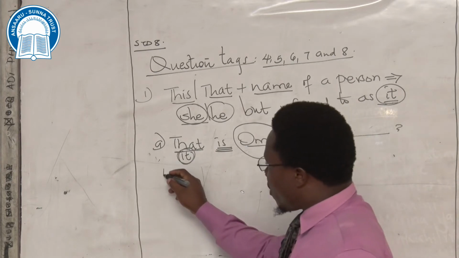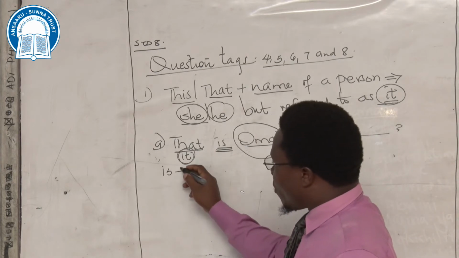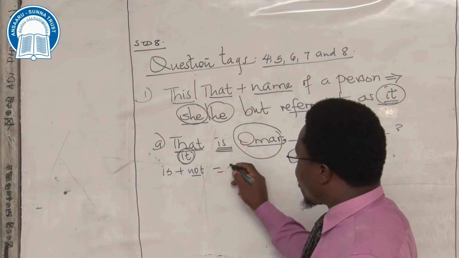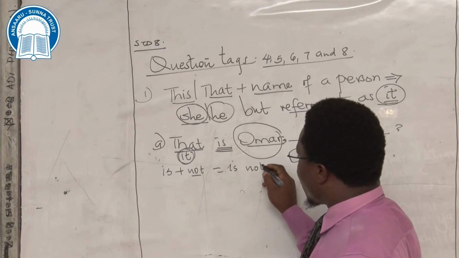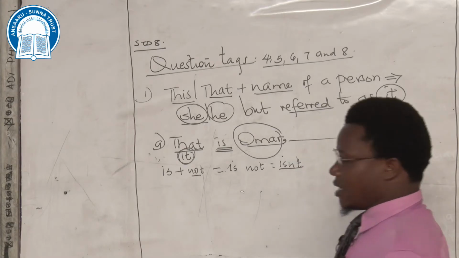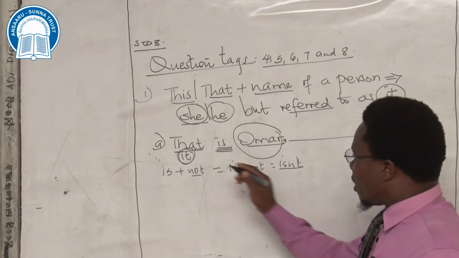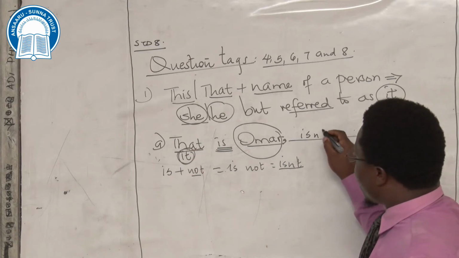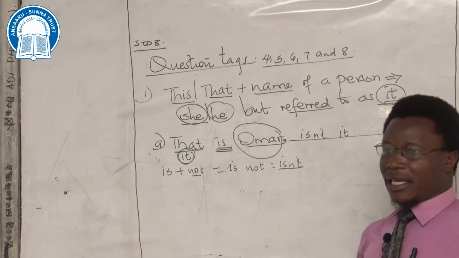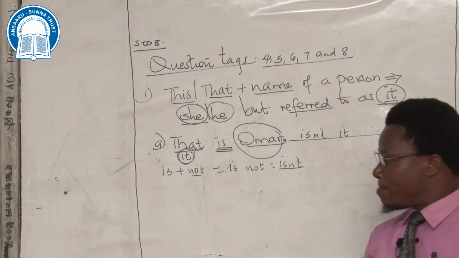So since our auxiliary is, we make this negative by adding not to form is not, and the short form of is not, viewers, is isn't. And because of this rule, now our question tag shall be isn't it, not isn't he.